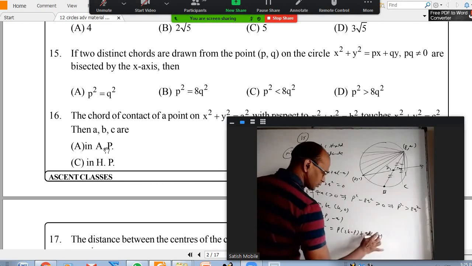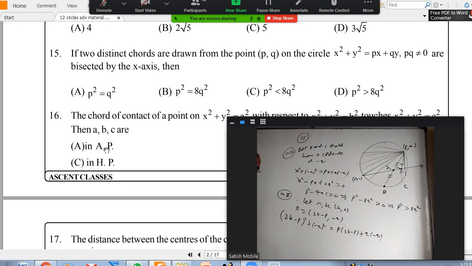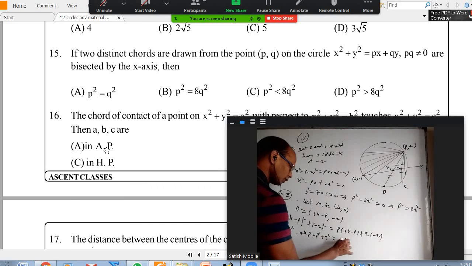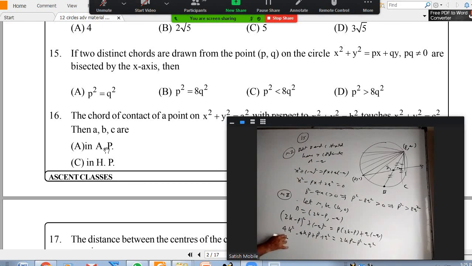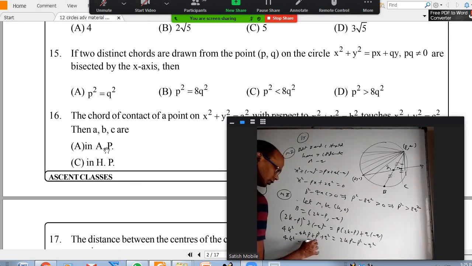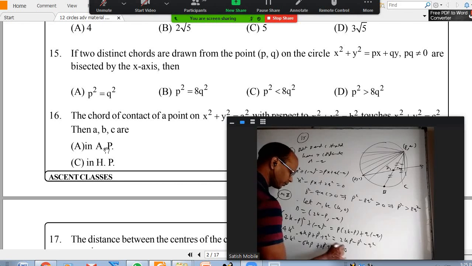We'll get a quadratic equation in terms of k, and that should have 2 distinct roots. This is 4k square minus 4kp plus p square plus q square equal to 2kp minus p square minus q square. So 4k square minus 6kp plus 2p square plus 2q square.